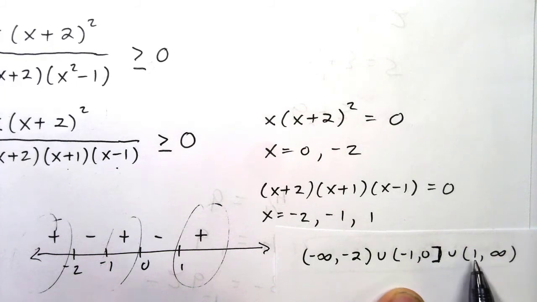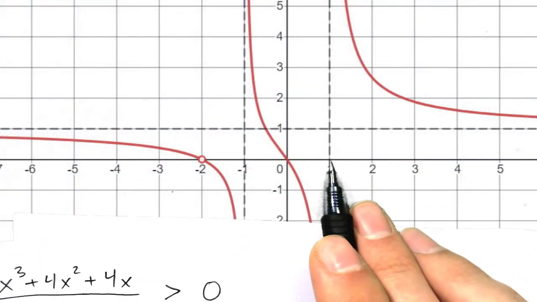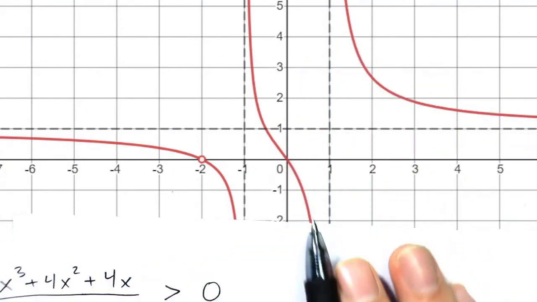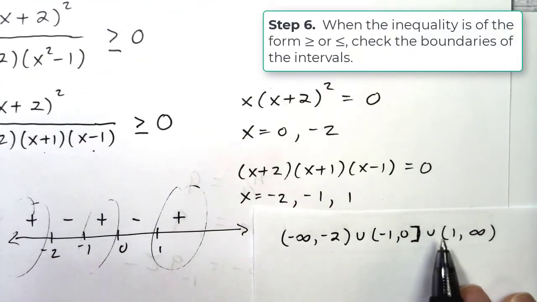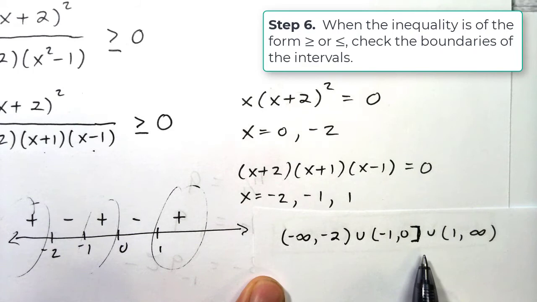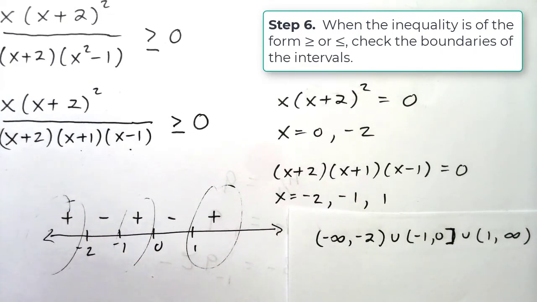What about this number over here, the 1? If I look at the picture, the function's not defined at 1, and so it doesn't make sense to say it's greater than or equal to 0. So again, we leave the interval open. And so this is what the answer would look like for the inequality greater than or equal to 0. We would have it all the same except we put a square bracket here.